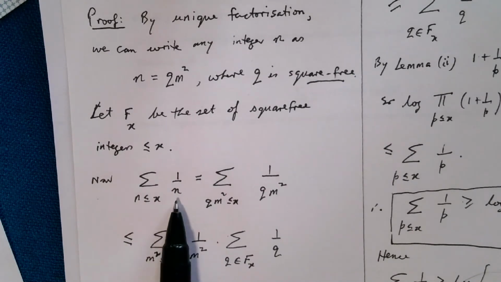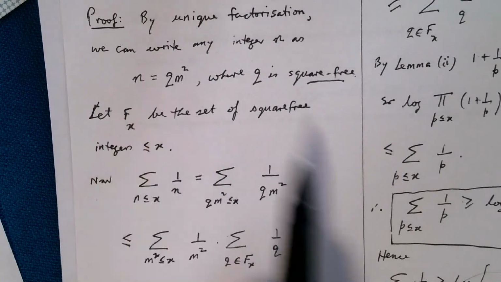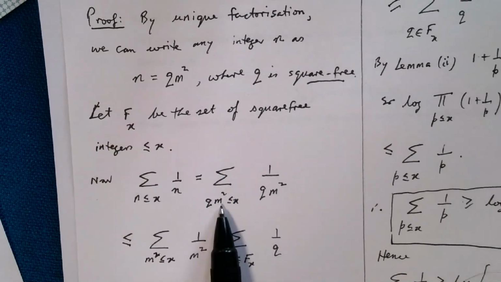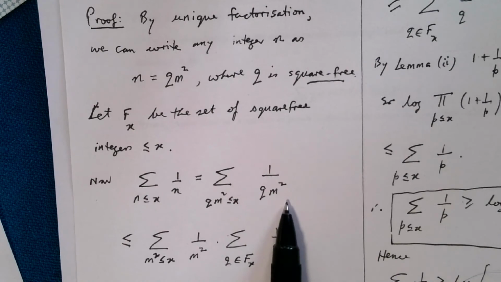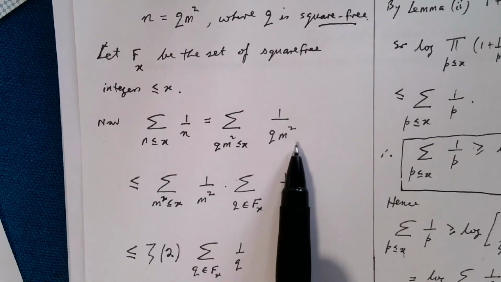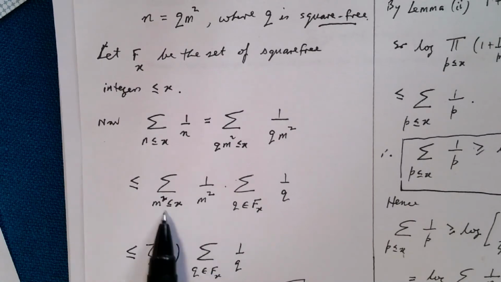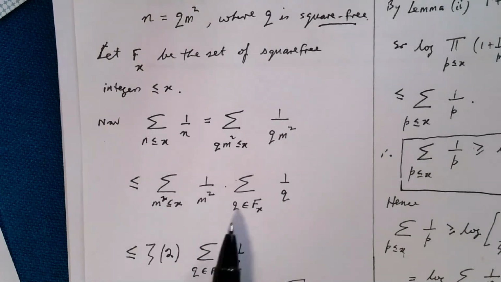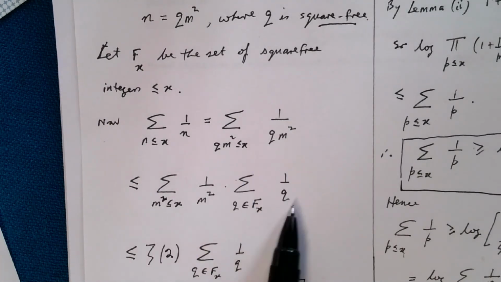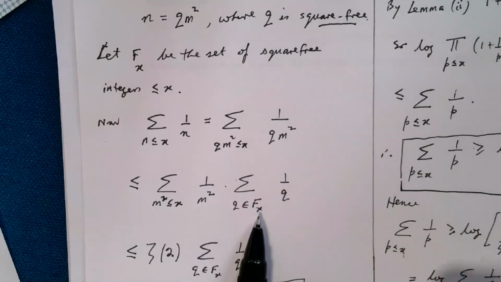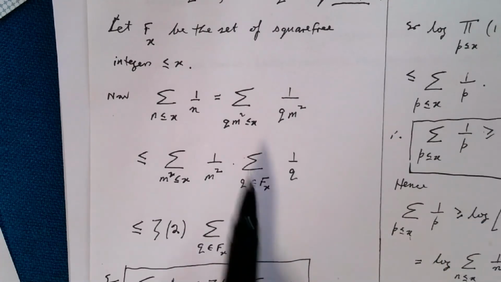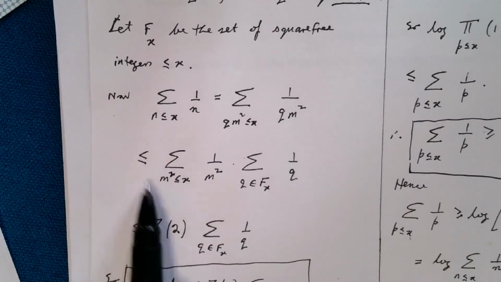And using this factorisation, I can replace the n with q m squared less or equal to x. And I can split this sum by saying this is less or equal to the sum over the squares multiplied by the sum of 1 over q over the square free numbers. Now that won't be equal to it, but it'll be less or equal to this one.